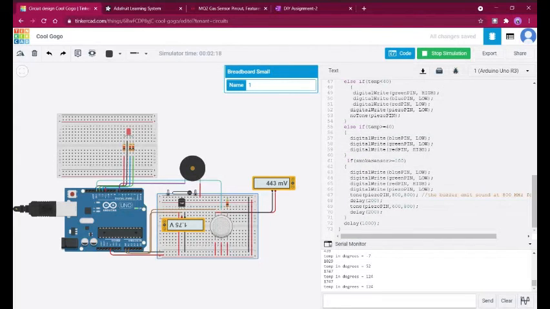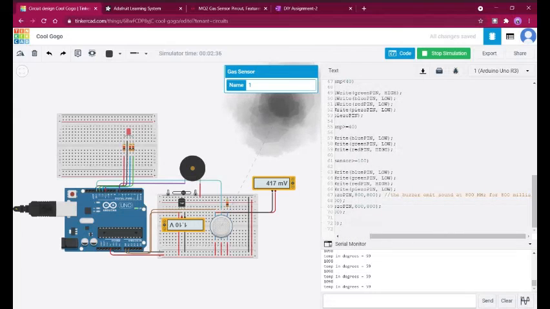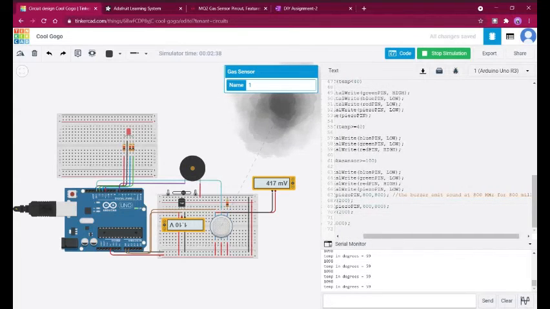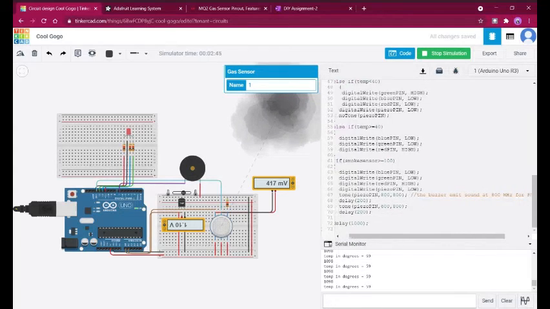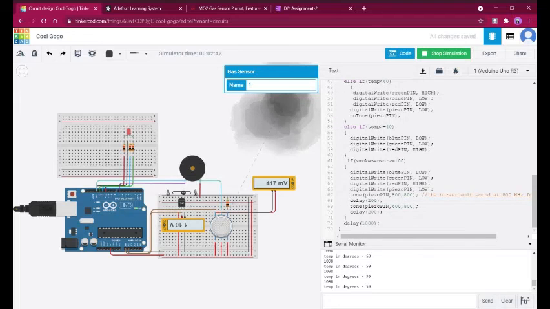And the fourth case is when the smoke sensor has a reading more than or equal to 100. And in this case, we'll get a buzz sound from the buzzer, and it emits a sound at 800 megahertz for 800 milliseconds, and after a delay of 200, it emits sound at 600 megahertz for 800 milliseconds.